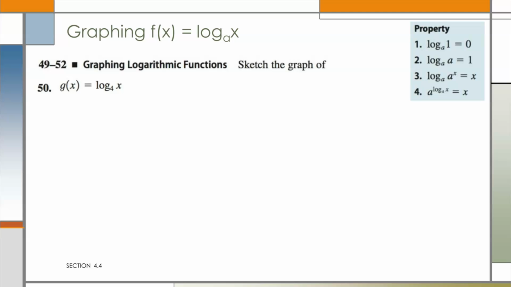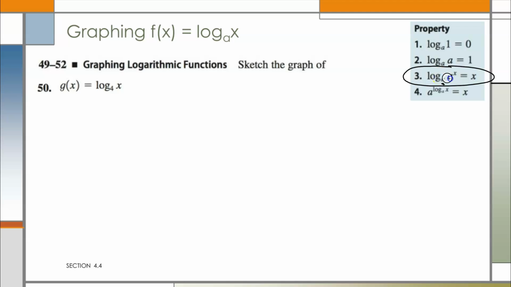Sketch the graph of g of x equals log base 4 of x. We've already done these, but this is a good review. What we're using is a log property: if I have a log base a and an exponential base a matching, those cancel out and you're just left with x.